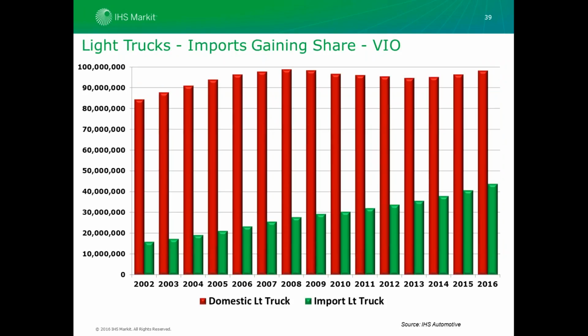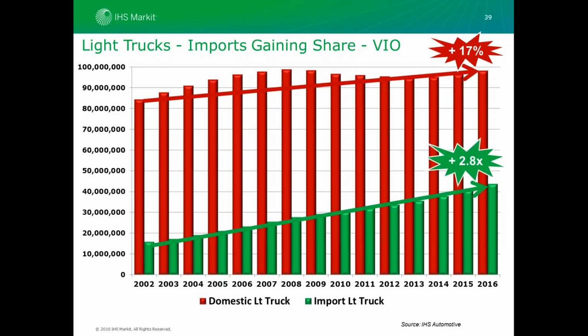Looking at light trucks, obviously the domestics have a much bigger advantage, but still an interesting trend. Domestic light trucks up about 17%, and again, a lot of that's driven because of the CUVs and small SUVs. We put those in the light truck category. But look at import light trucks, up 3 times. Not 3%, but up. They've nearly tripled their number as a part of the VIO since 2002.